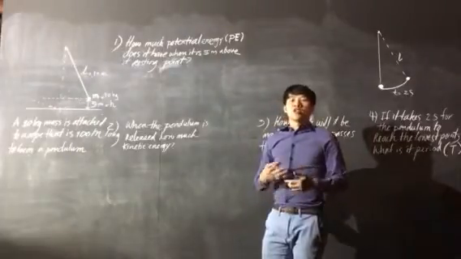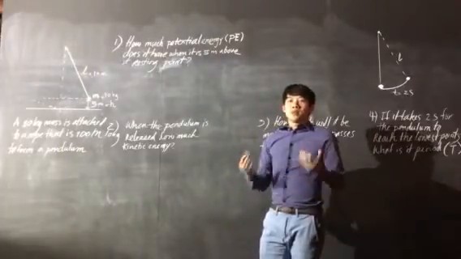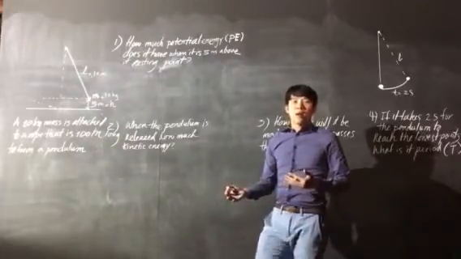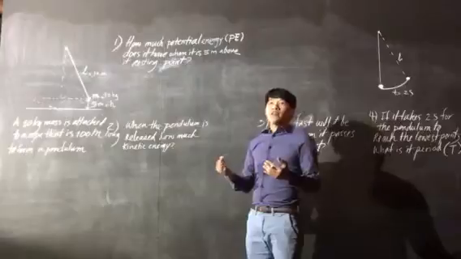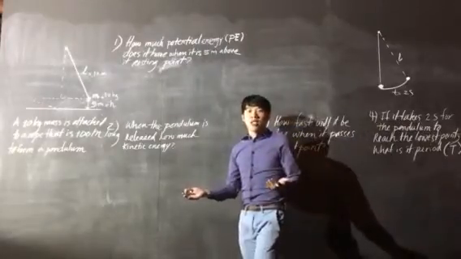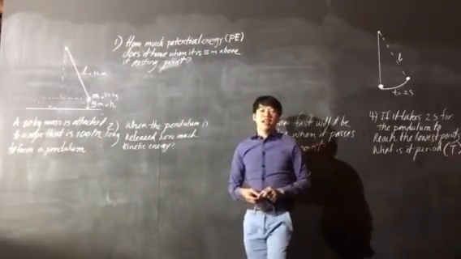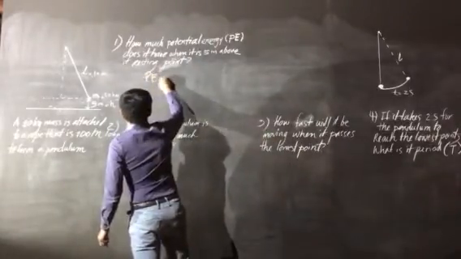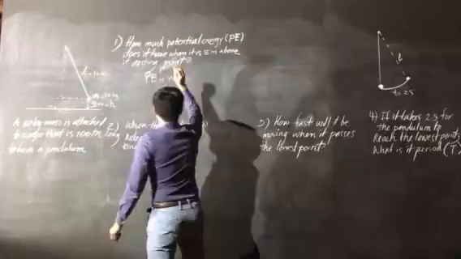So this lesson goes back to three different types of energy that we already understand. First is the potential energy. Second is the potential energy due to the spring constant. And the third one is kinetic energy. So let's write it down. Potential energy is equal to mgh.